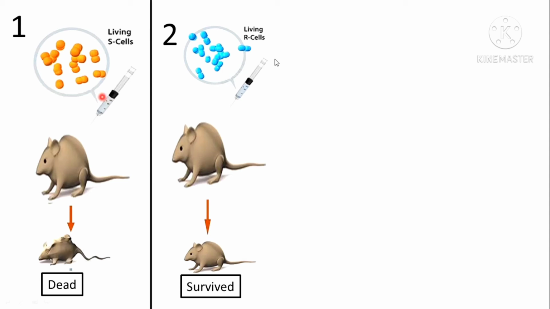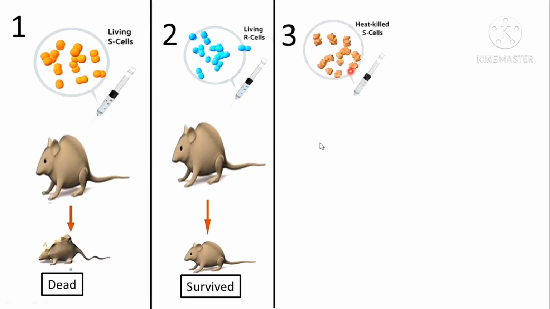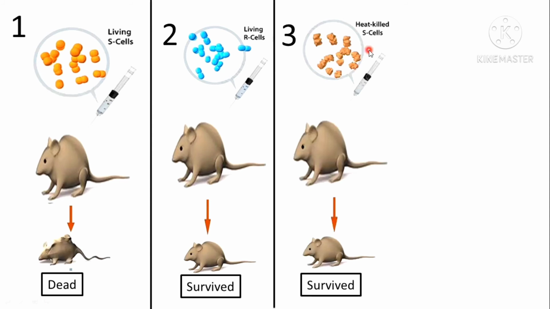And then in the third step, he took heat killed S3 bacteria and again infected it to mice and observed that mice again survived. So guys, this heat killed means this S3 strain was killed by strongly heating it, which is why it wasn't able to develop pneumonia in mice, which is why mice lived.